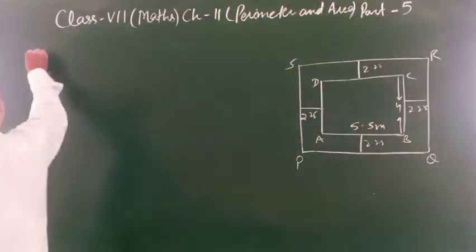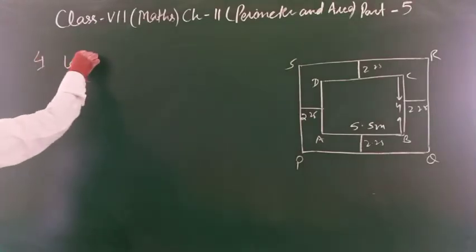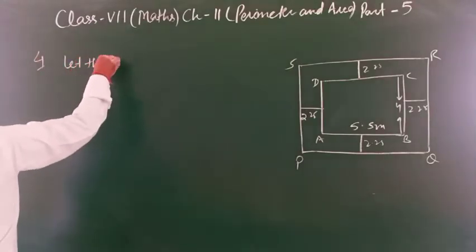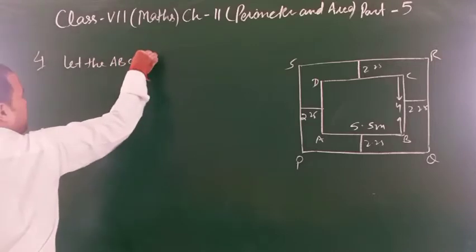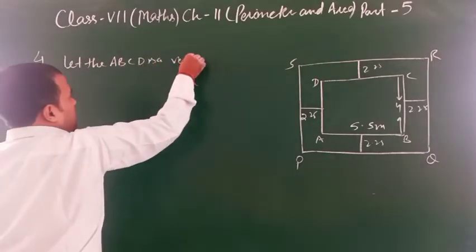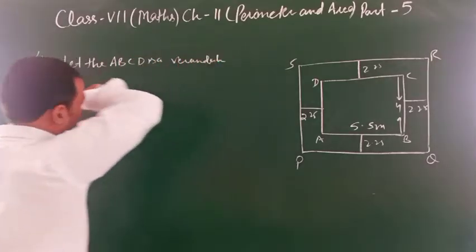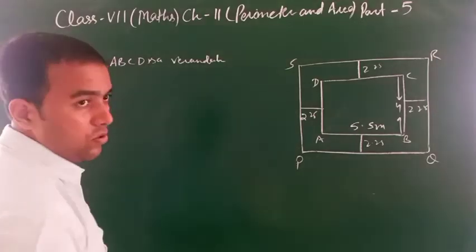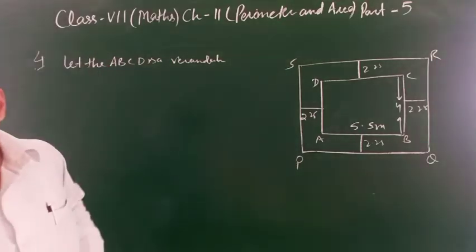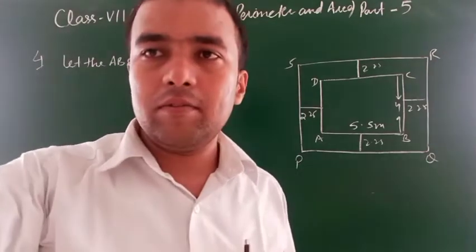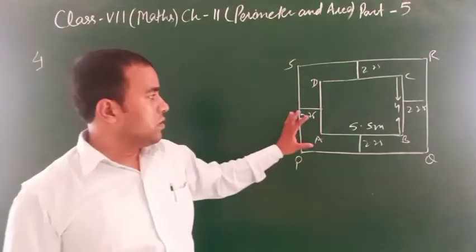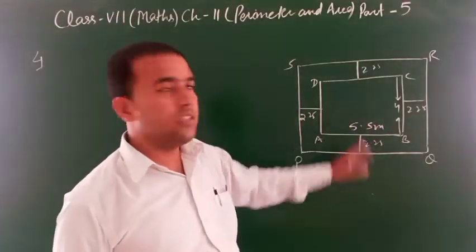Now we will write the area of veranda. ABCD is a room.